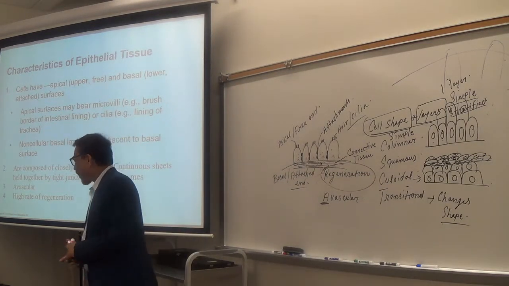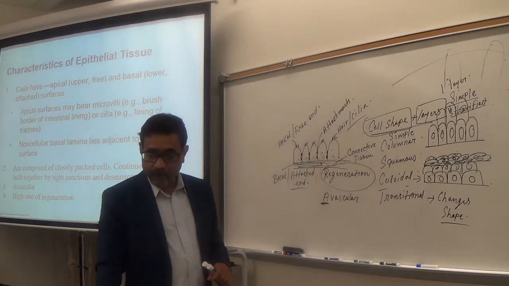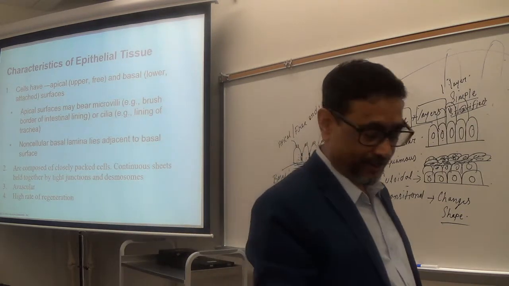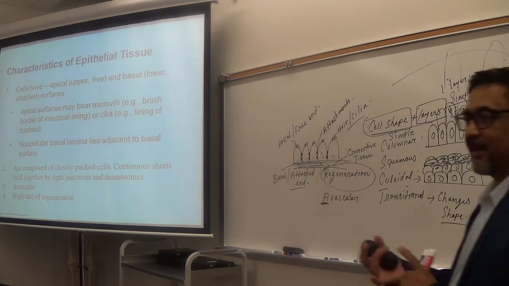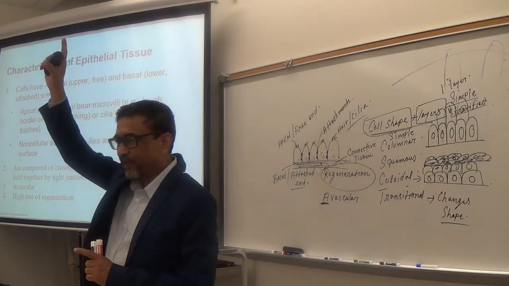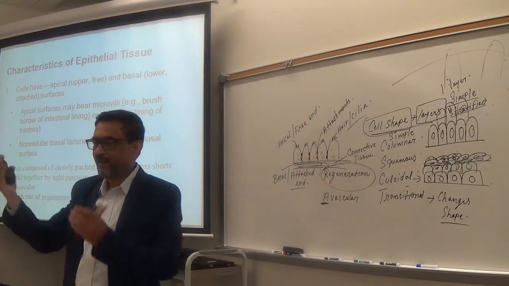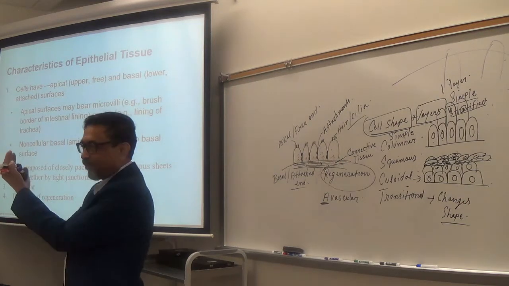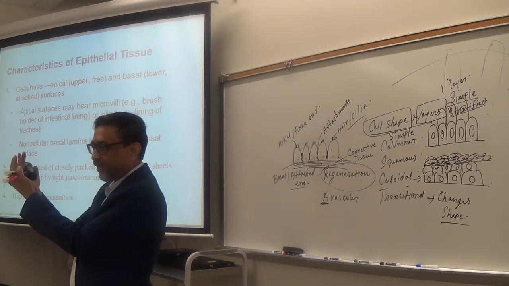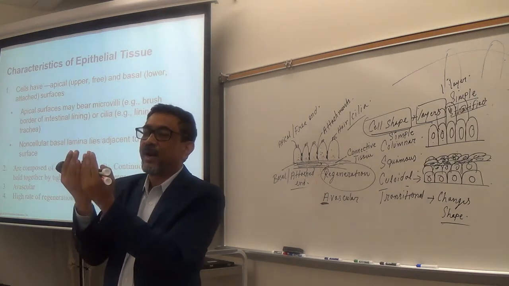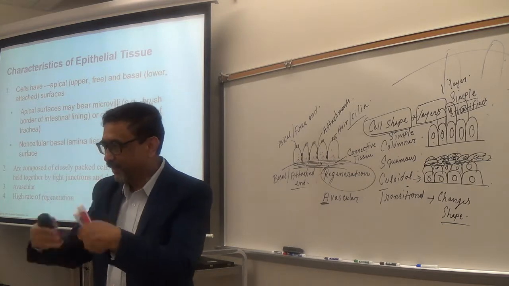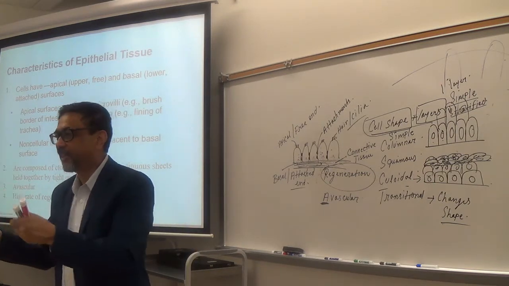So those are some important properties of epithelial tissue. I said what? The cells have a free or apical end and an attached end, right? Cells are attached to each other by intercellular junctions, held together. I said high rate of regeneration, they can quickly regenerate.